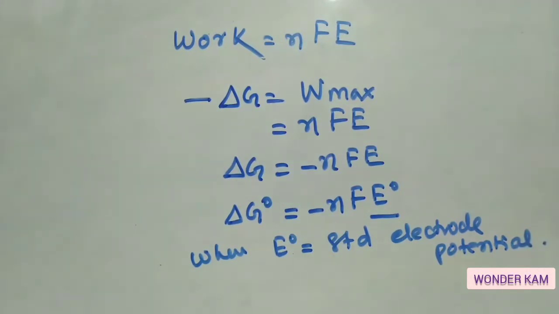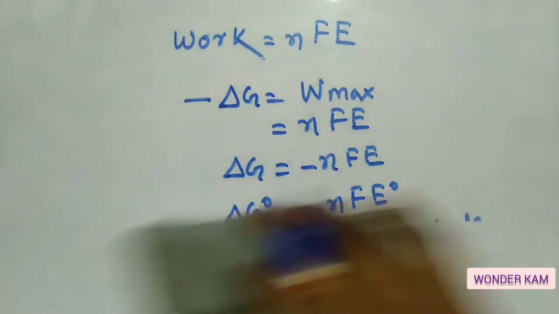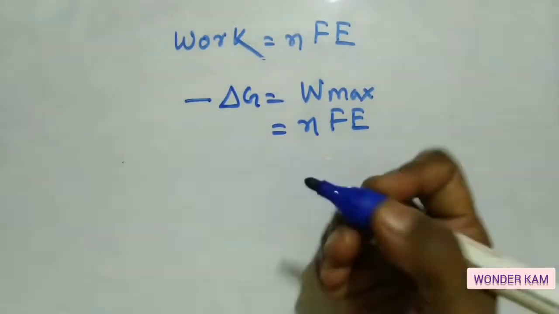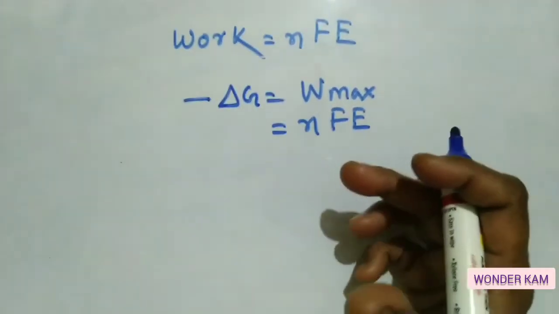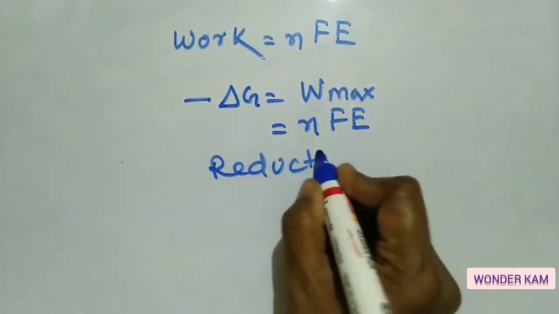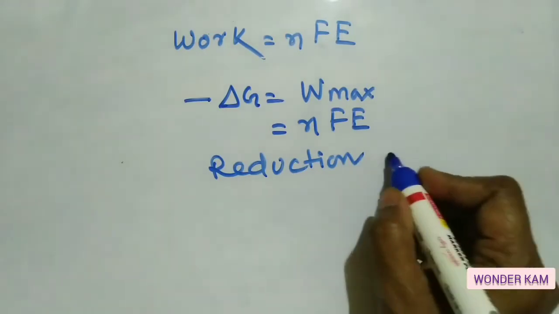Okay, let us consider a reaction for the electrode or single electrode potential. By convention the electrode reaction is written with reduction in the forward direction.